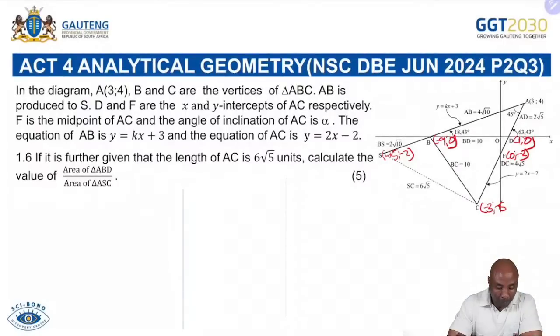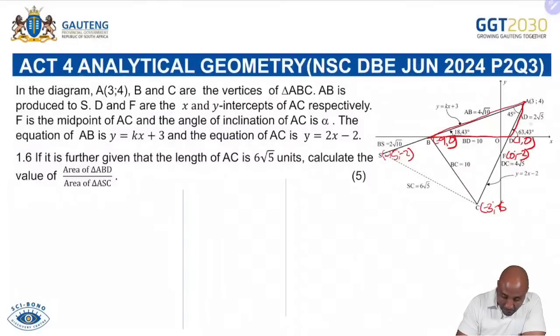Welcome back. Now, let's identify the triangles. It is further given that the length of AC is 6 root 5 units. Now, let's calculate the value of the area of triangle ABD over the area of triangle ASC. Our triangle ABD, it's this one.